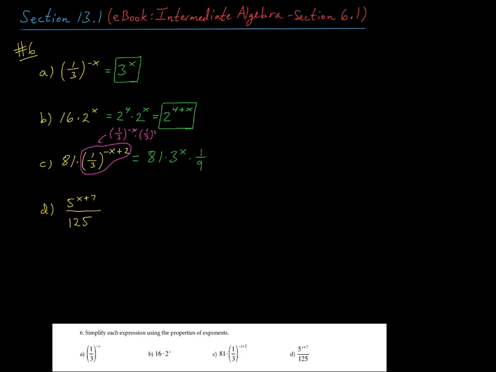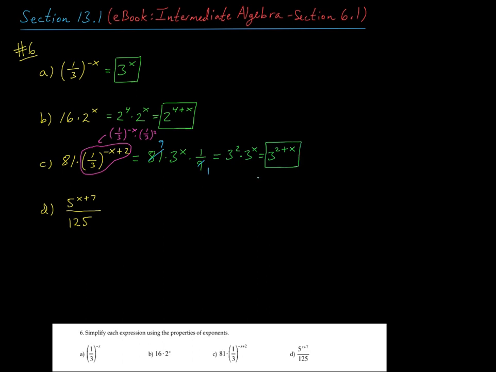So now notice the 81 and the 9, I can simplify there, divide out the factor of 9, so I'm getting there, and now notice, hey, 9 is 3 squared, and so now I can combine as 3 to the 2 plus x.